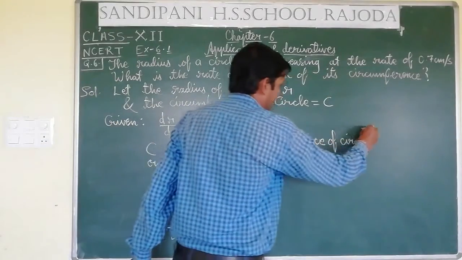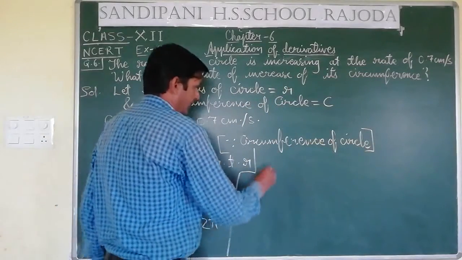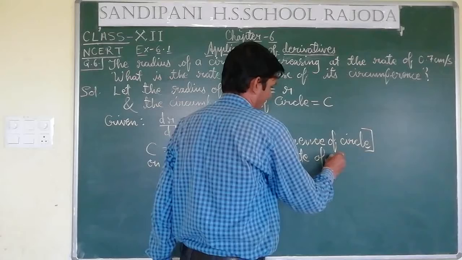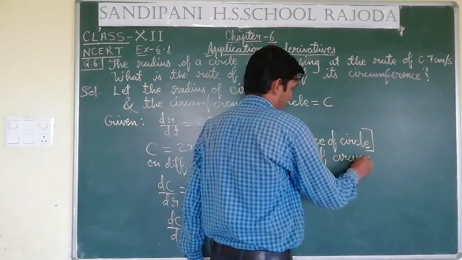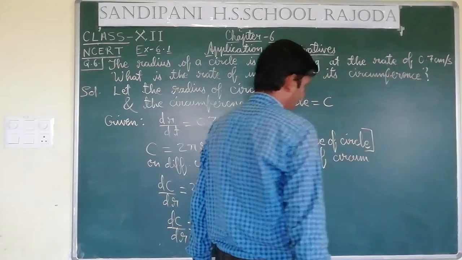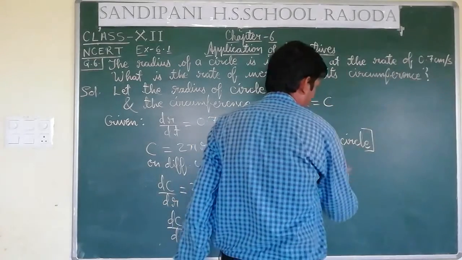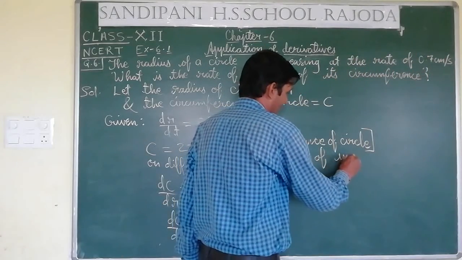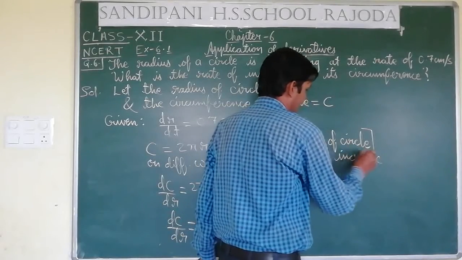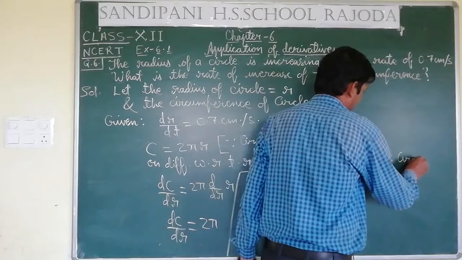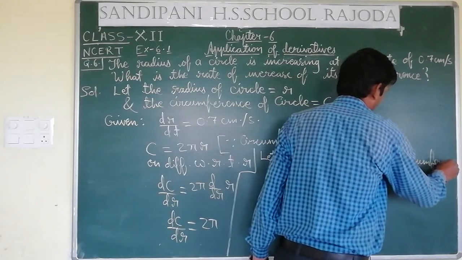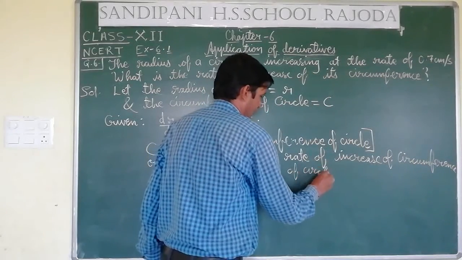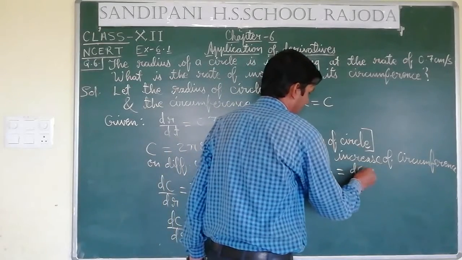So let the rate of change or increase of circumference of circle be equal to dC by dt.